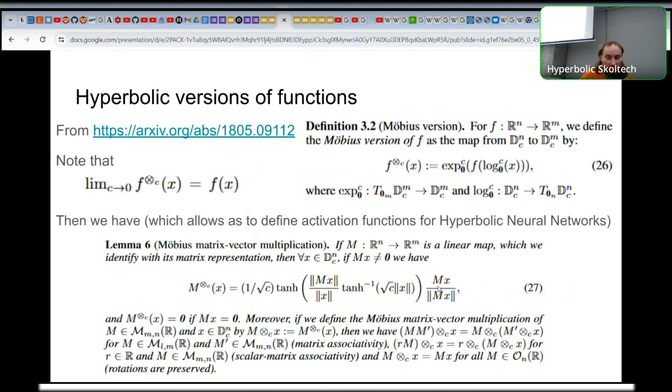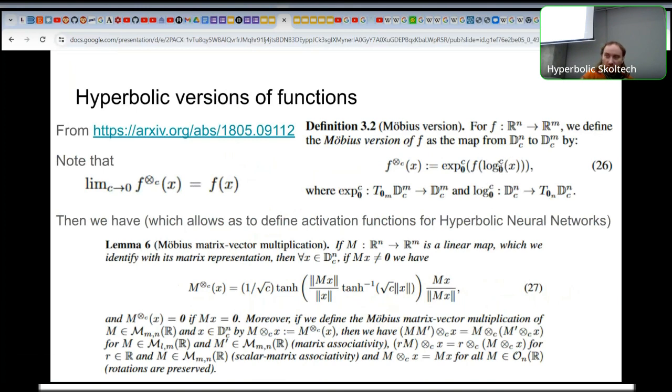So we have Möbius versions of linear mappings, and you can actually take compositions of them, since logarithmic and exponential mapping are inverse to each other.